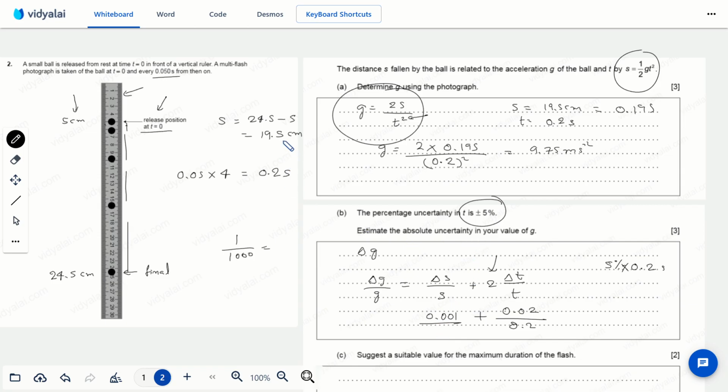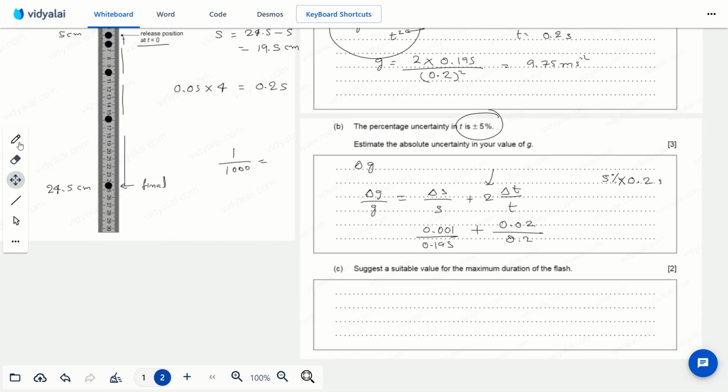Divide that by the actual measurement. So what's obtained? It's 0.95. Okay. I'm going to simplify this using my Desmos calculator.